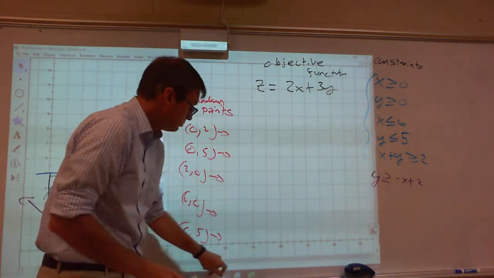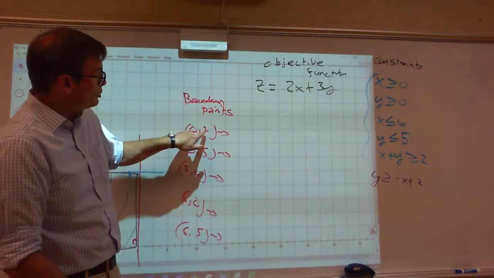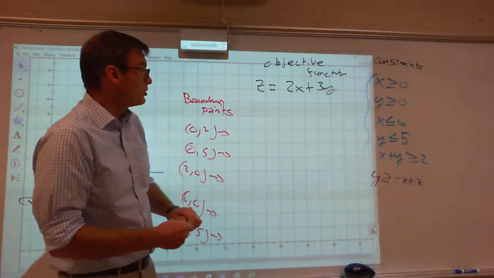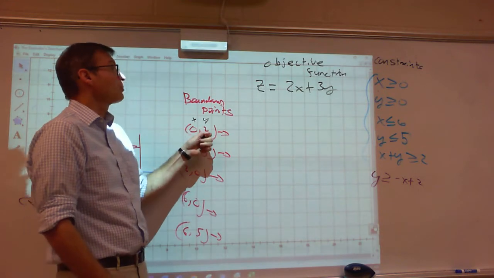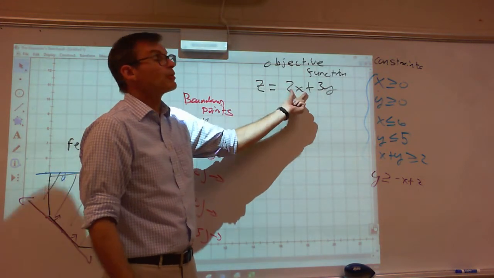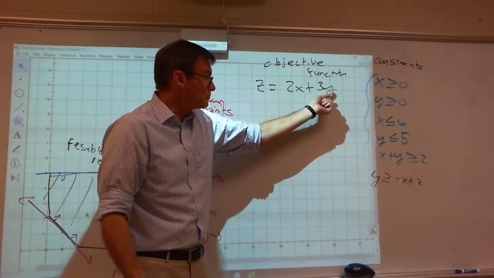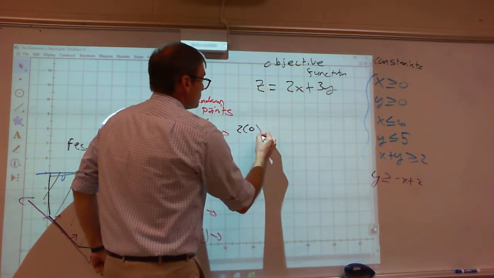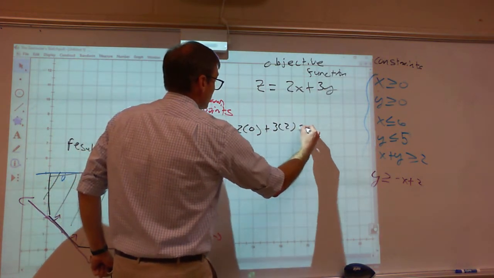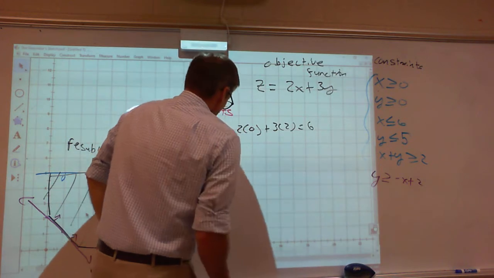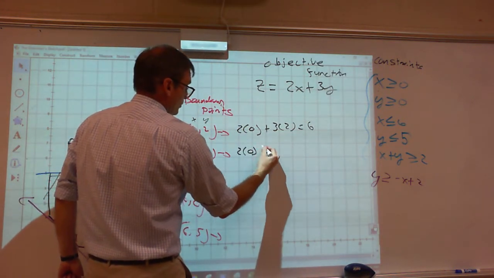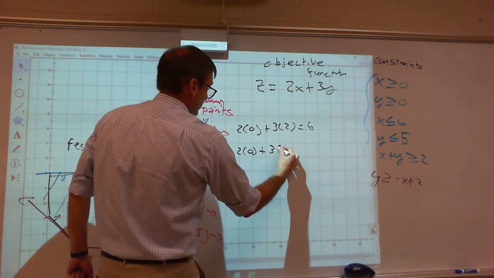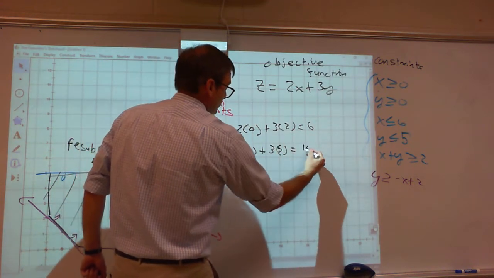So, I'm going to plug (0, 2) into my objective function. Here's an x, here's a y. 2 times 0 plus 3 times 2 gives me 6. Plug in (0, 5): 2 times 0 plus 3 times 5, 0 plus 15 gives me 15.